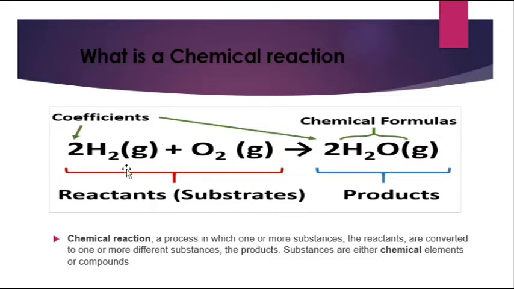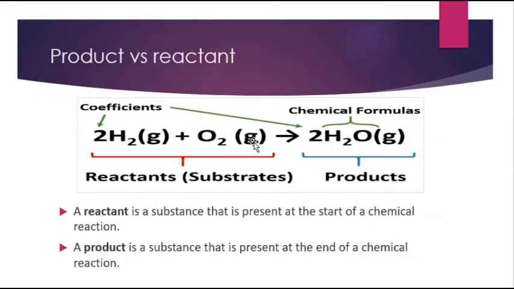So this is one example of a chemical reaction. We have a reactant and a product. So what is a product and a reactant? A reactant is a substance that is present at the start of a chemical reaction. This one. And then the product is the substance that is present at the end of the reaction.